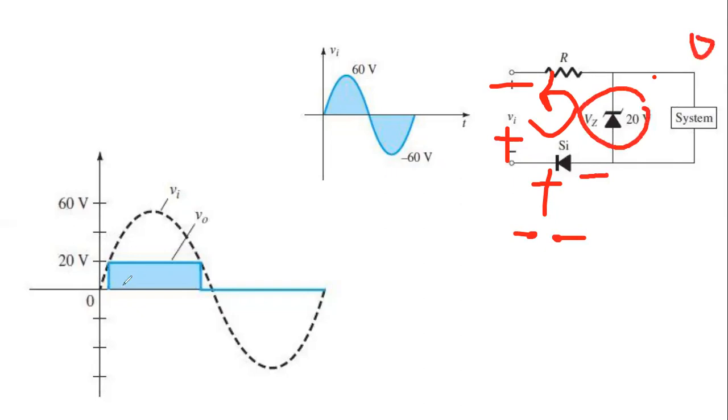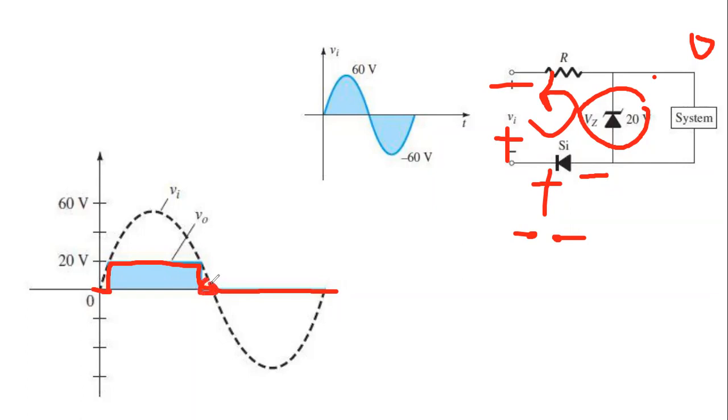That's why you can see that this is the output in the positive cycle, the 20 volt, and then in the negative cycle the output is zero. There is also some portion where the output is zero, because at that time the input voltage is less than 20.7 volt.